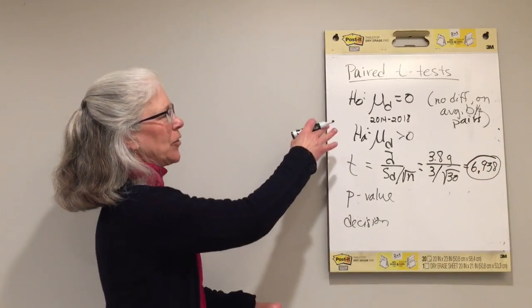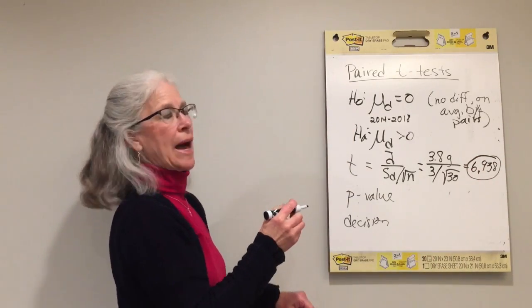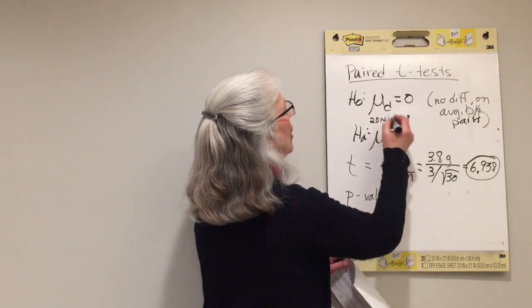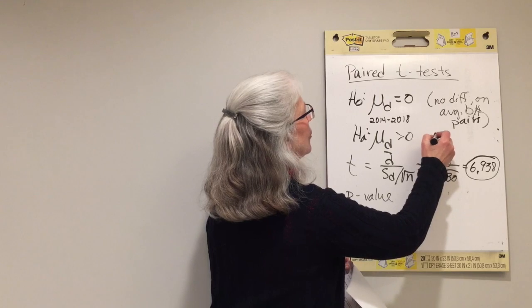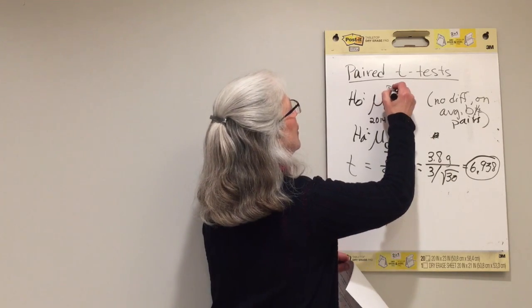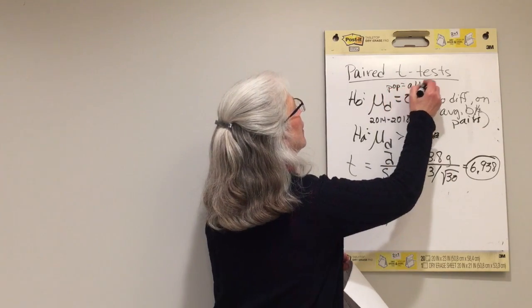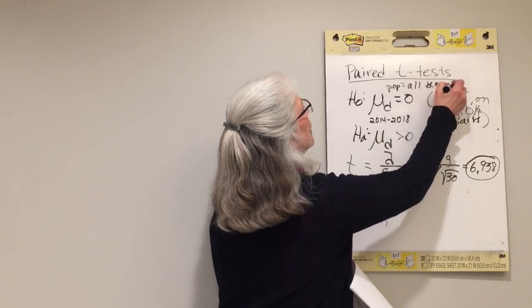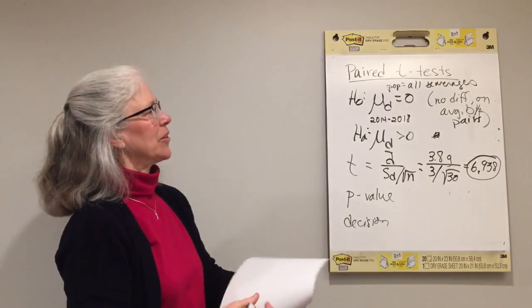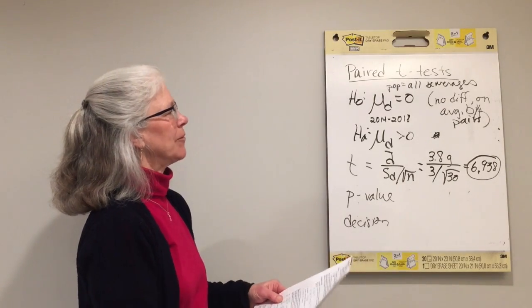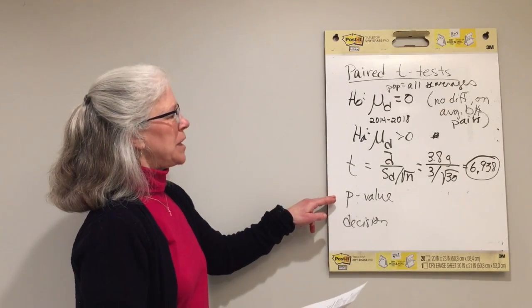Okay, so we have our hypotheses, what we're claiming is true about the population of all beverages, right? So we're talking about the population of all beverages in England that, I guess in this case, existed in 2014 and 2018. Now we need to find the p-value.